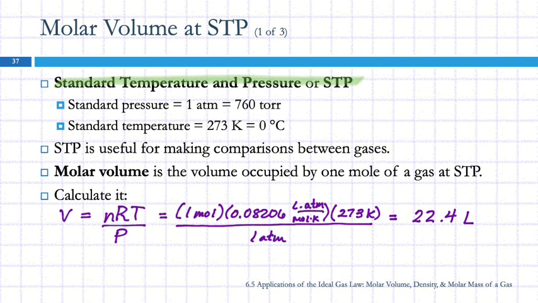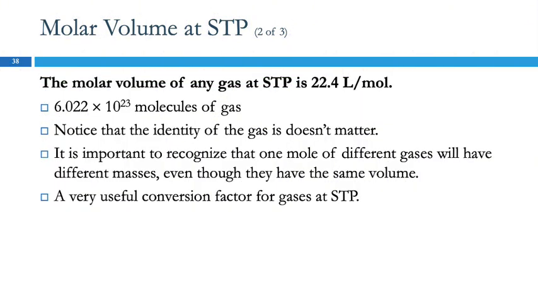So you can't use this with carbon or something, or an aqueous solution. It's only for gases. So the molar volume of any gas at STP is 22.4 liters per mole.